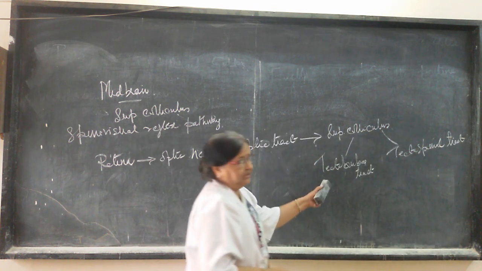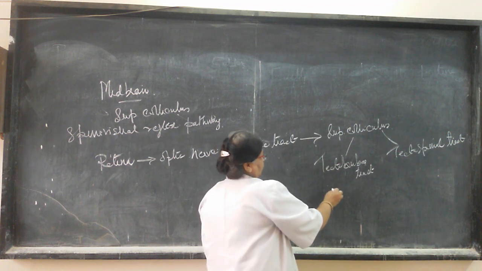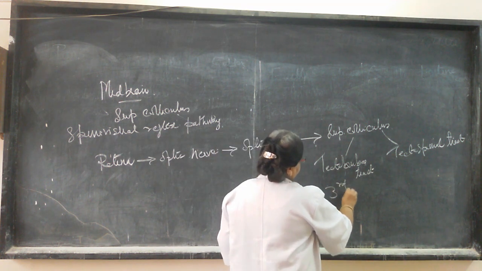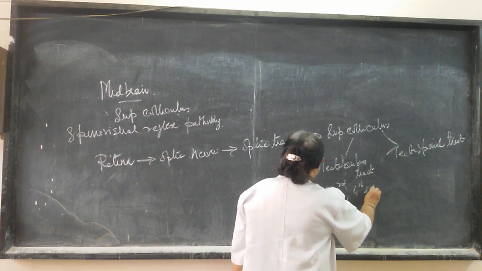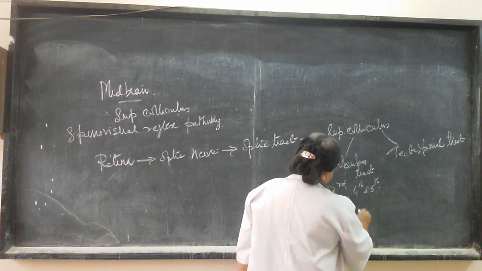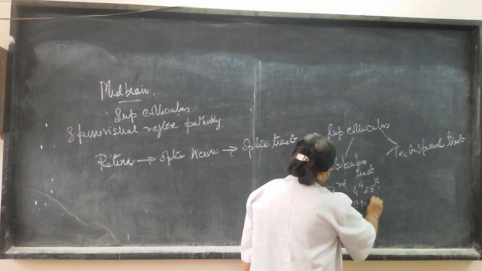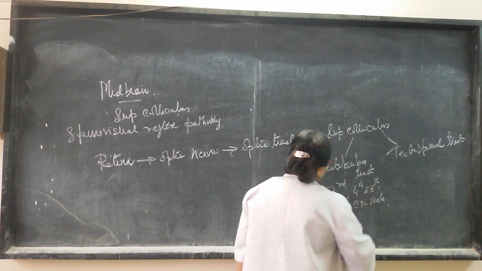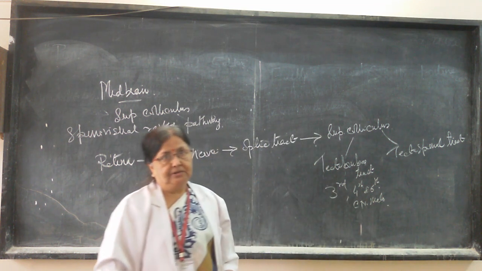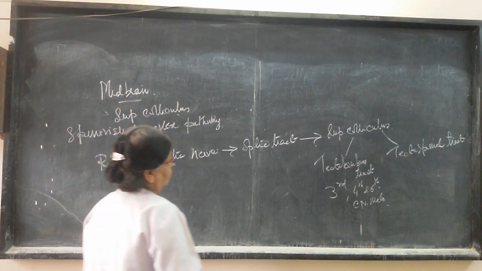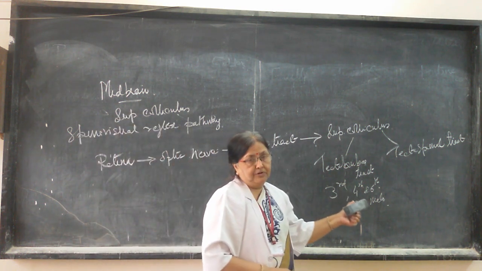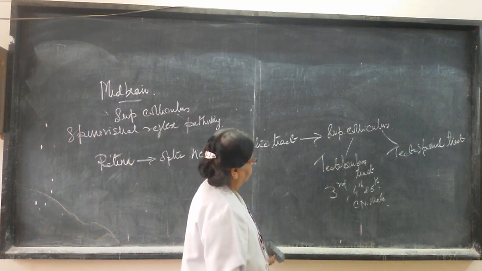The tectobulbar tract goes to the third, fourth and sixth cranial nerve nuclei. And the third, fourth and sixth cranial nerves supply the extraocular muscles of the eyeball, which are meant for the movement of the eyeball.